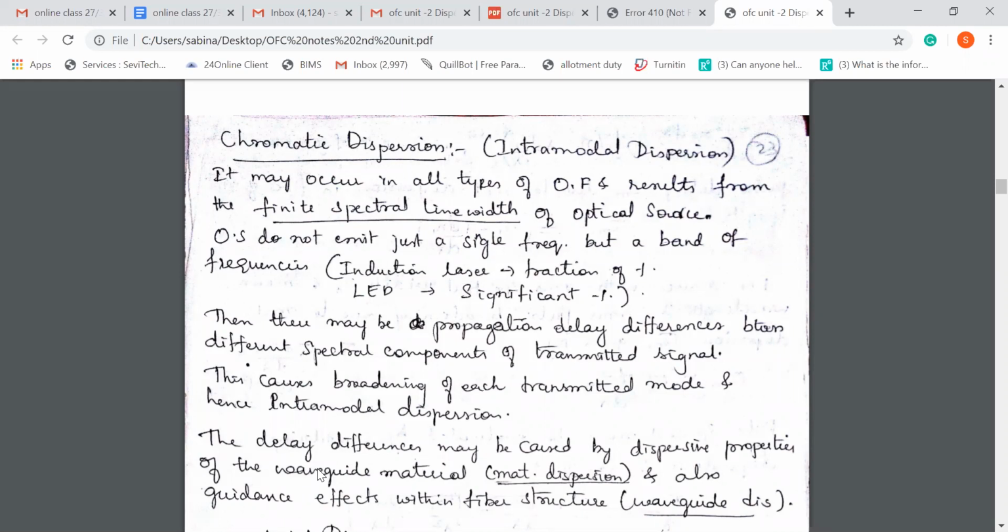If your minimum is lambda 1 and maximum is lambda 6 or lambda 8, you will have some propagation delay difference because it transmits in different wavelengths, and that causes broadening. That is called intramodal dispersion.